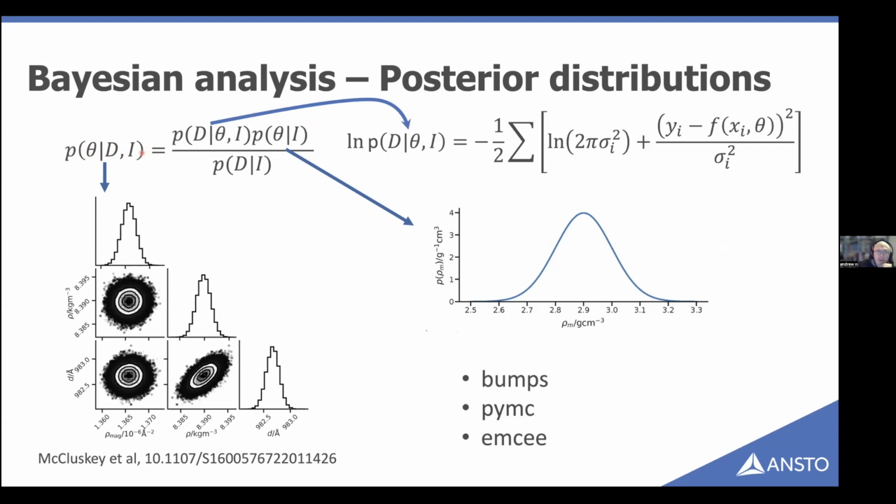And the posterior probability is equal to the product of these two terms on the top divided by the denominator.